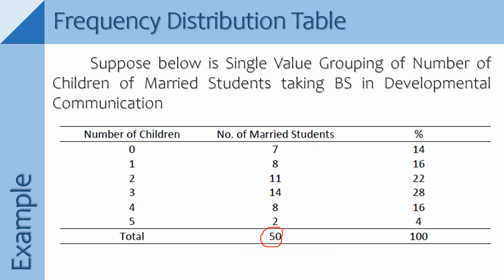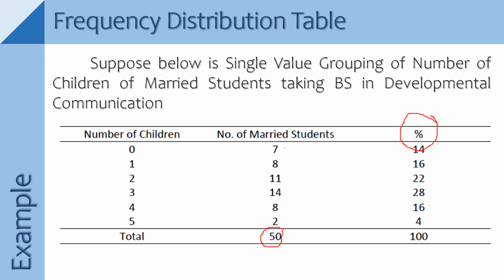Okay, for the third column, this is just a percentage. What are we going to do to get a percentage? We need to divide 7 by 50 and then multiply by 100.